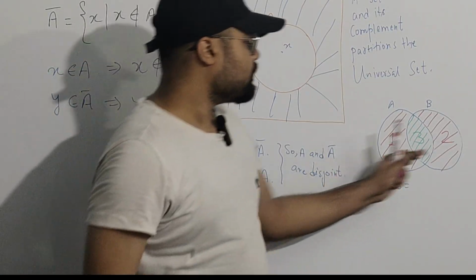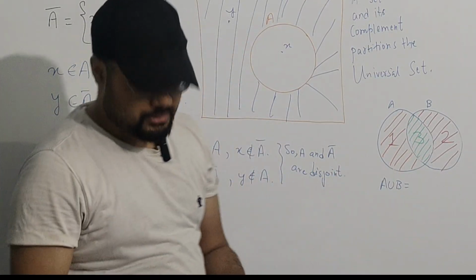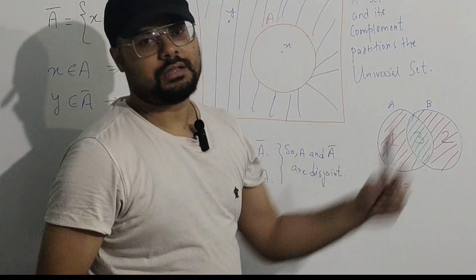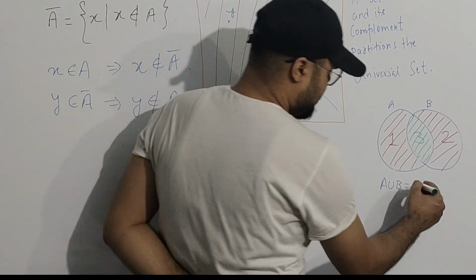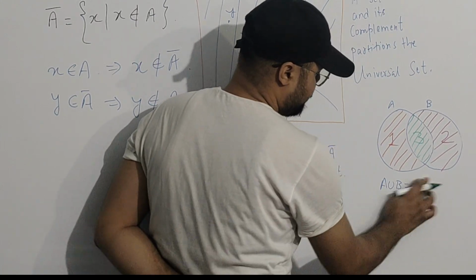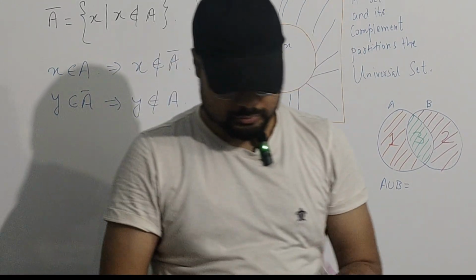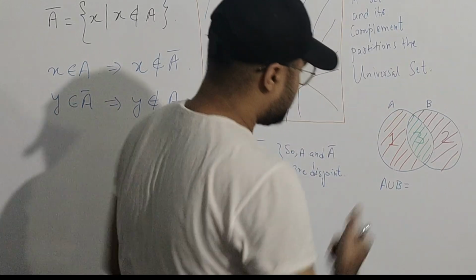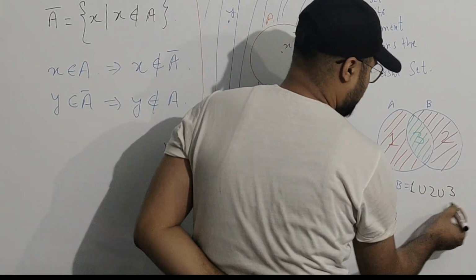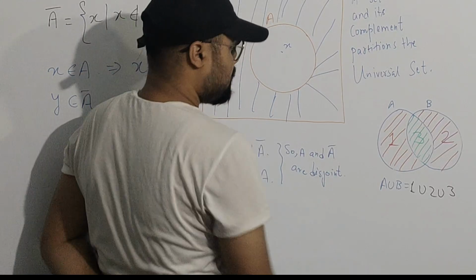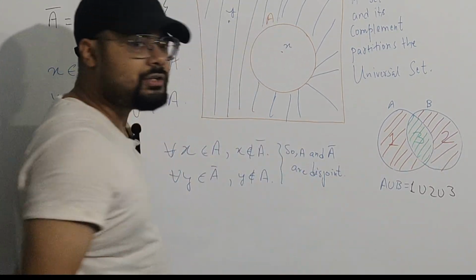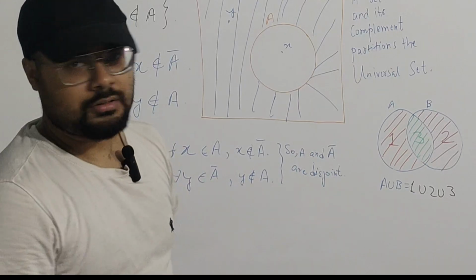So they are mutually disjoint regions, and 1 union 2 union 3 is nothing but A union B. So what we say is that 1, 2 and 3 are partitions of A union B.